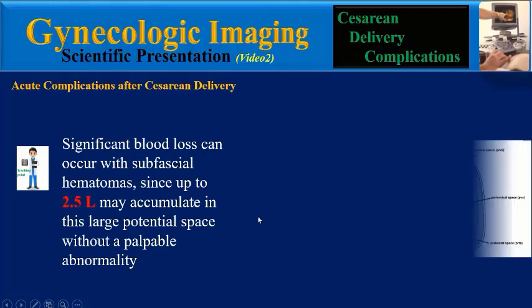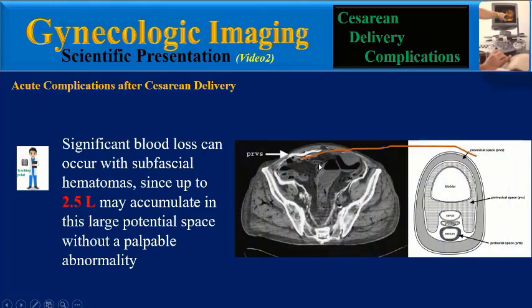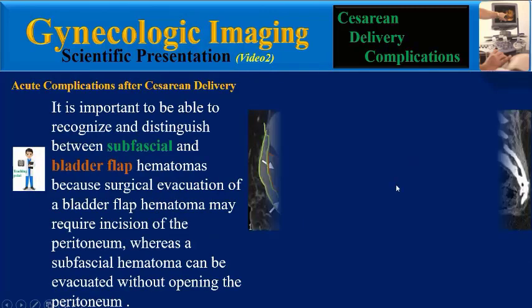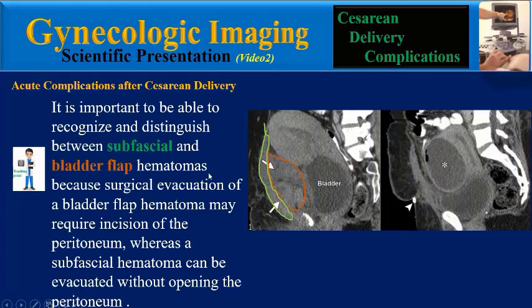Significant blood loss can occur within subfascial hematomas, since up to 2.5 liters may accumulate in this large potential space without a palpable abnormality. It is important to be able to recognize and distinguish between subfascial and bladder flap hematomas, because surgical evacuation of a bladder flap hematoma may require incision of the peritoneum, whereas a subfascial hematoma can be evacuated without opening the peritoneum.